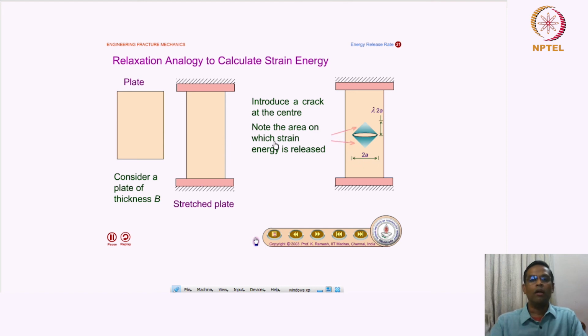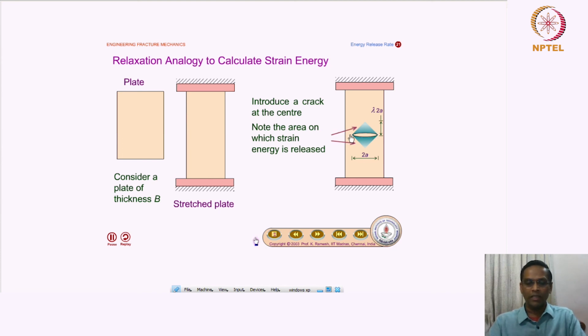Note the area on which the strain energy is released. What we are saying is that two new surfaces are created here, and for the creation of these surfaces the energy comes from the strain energy region, because there is no external load applied here; it's a fixed grip. The strip was fixed, and then we introduced a crack, and the two new surfaces were created.